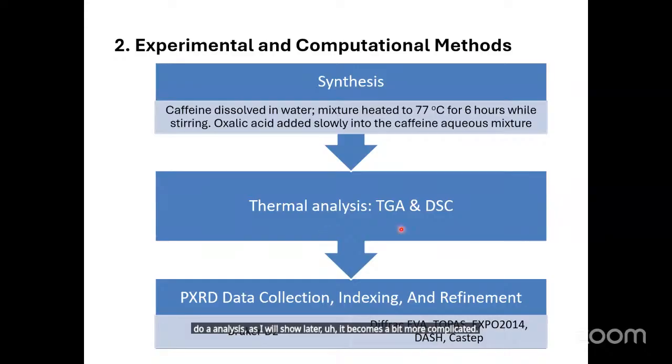And the next part would be to confirm whether the thermal dissociation profiles match those of your starting materials, or you form something new. So you can do thermogravimetric analysis and DSC for that. And then you collect from the dry powder that you formed there. Then you can collect your preliminary scans, maybe on a simpler machine, like a Bruker D2 PXRD machine.